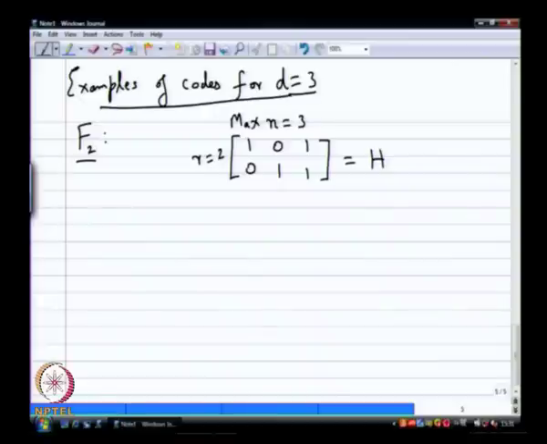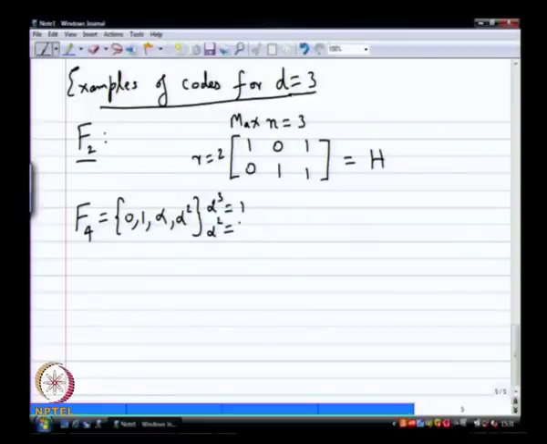Now let us think about the same question, but with F4. Remember what F4 is: 0, 1, alpha, alpha squared, where alpha cubed is 1 and alpha squared is 1 plus alpha. So this is F4. Let us ask the same question, but I have to be a little bit careful here because I did not really define codes over F4.